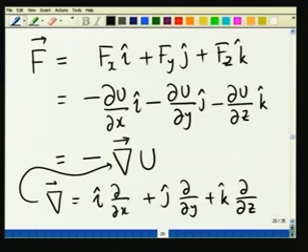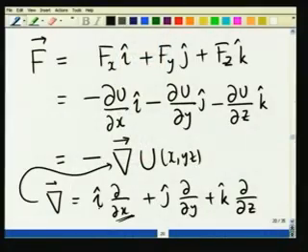When I write this in front of a potential energy u(x, y, z) or any function of x, y, z, what it means is take partial derivative with respect to x, multiply this by i, take partial derivative with respect to y, multiply by j unit vector, take partial derivative with respect to z, multiply by k unit vector, and add all three. So, this gives me a vector after taking the partial derivative.